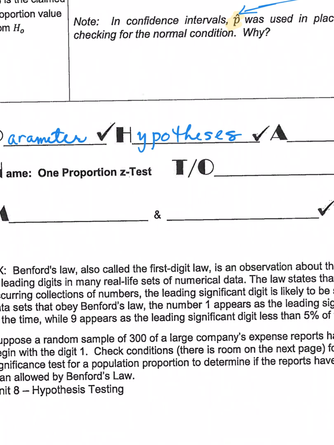Hypotheses, right? This is going to be H0 and Ha. What do you suppose A stands for? What do we need to check next? It's the A, same A as in PANIC. Assumptions. In other words, our conditions, right?